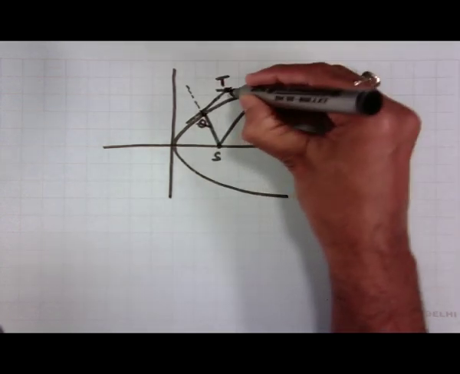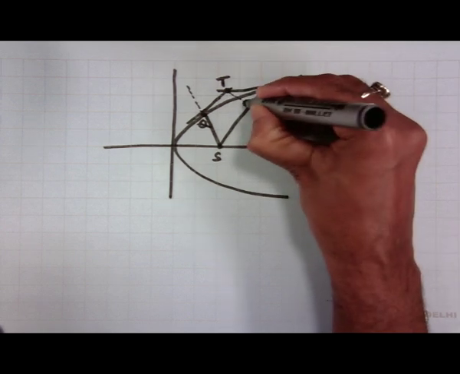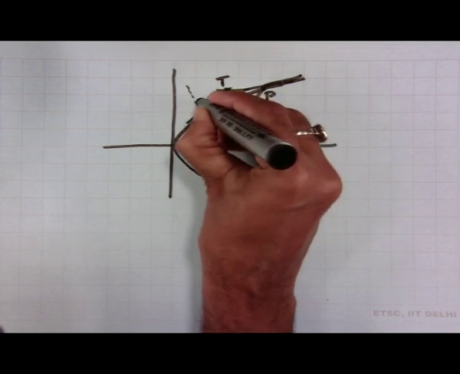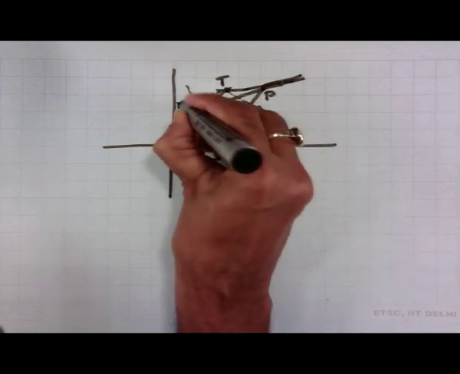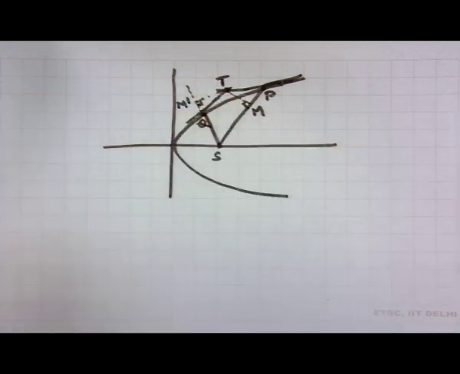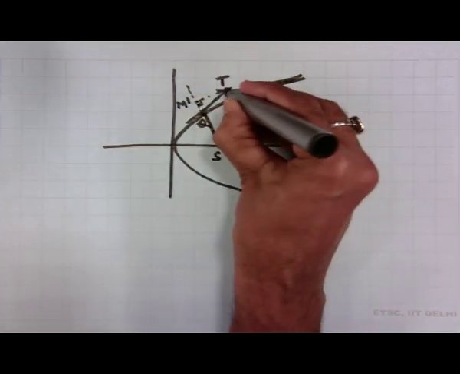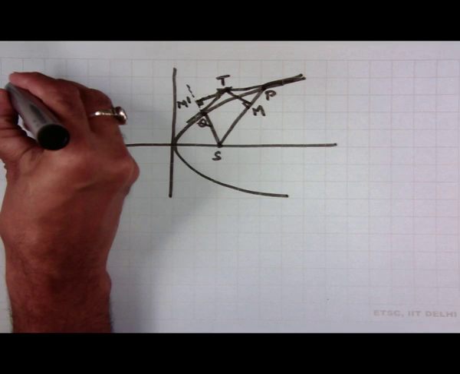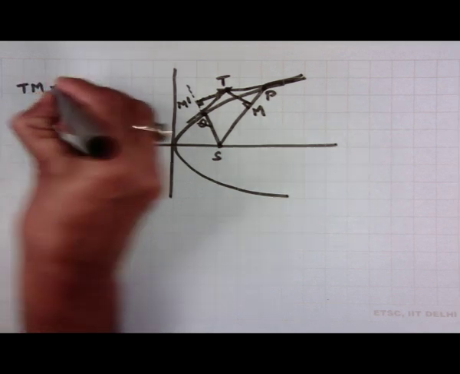This point is M and this point is M dash. So, what we have got is TM is equal to TM dash. We have TM equal to TM dash.